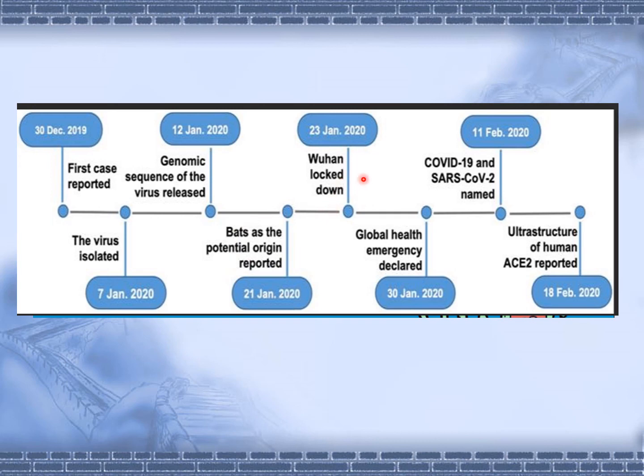Then there was the Wuhan lockdown, and it was declared a global health emergency on 30th January 2020, and it was named COVID-19 and SARS-CoV-2 on 11th February 2020. And on 18th February, the ultrastructure of this viral disease was reported, and till now there have been many trials, many drugs all across the world.